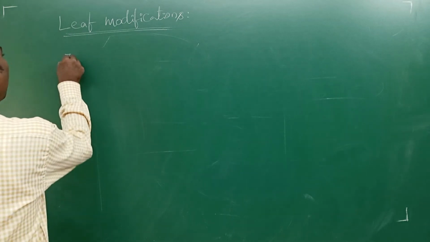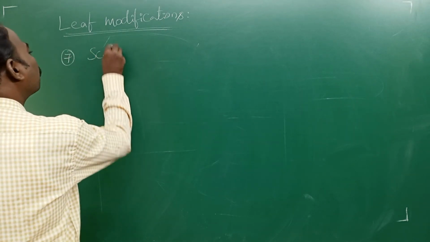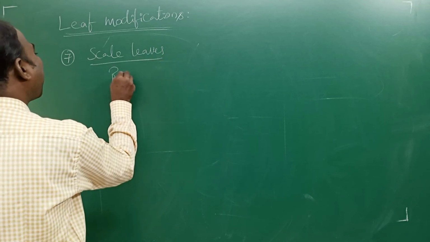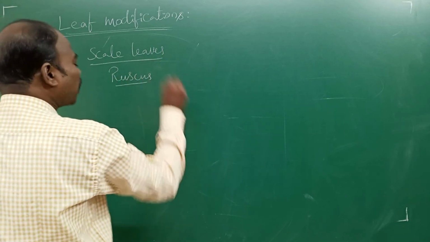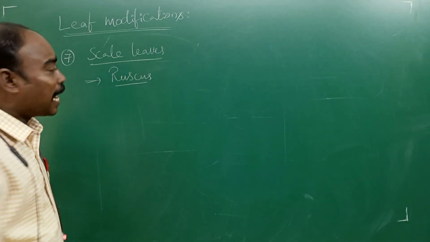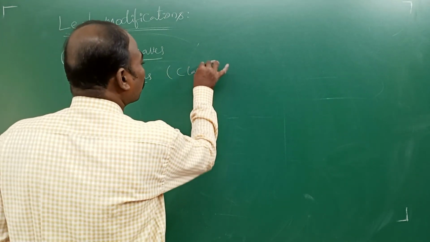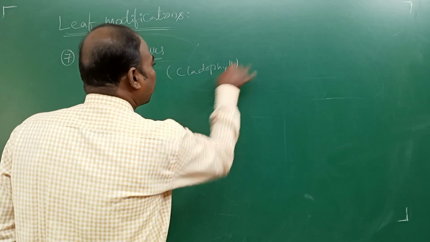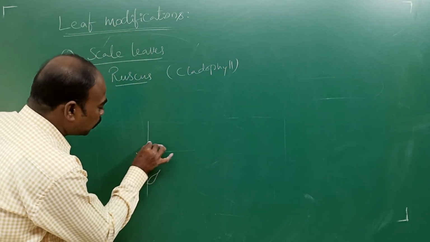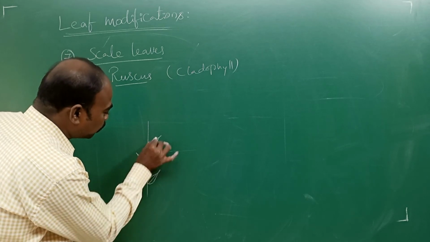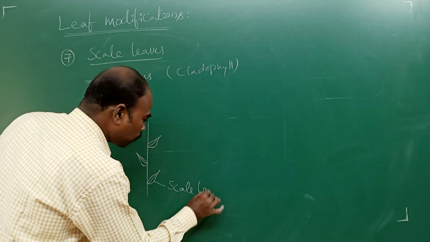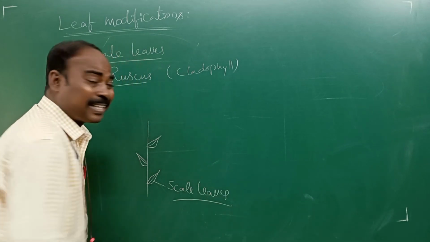The final one, scale leaves. In a plant like Ruscus, we already discussed the Ruscus plant under cladophylls. Here, the scale leaves are reduced leaves.